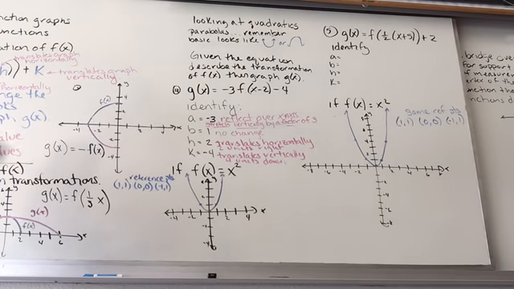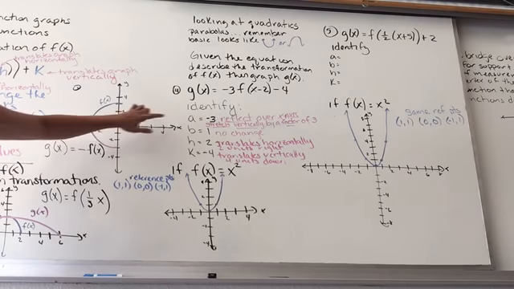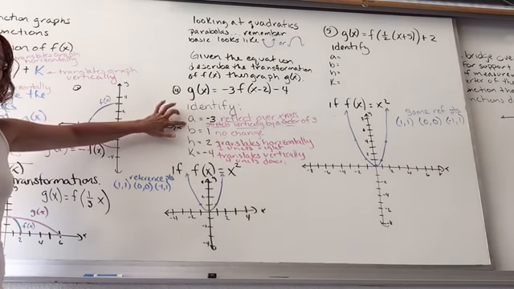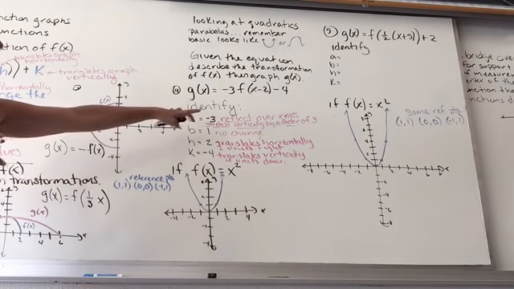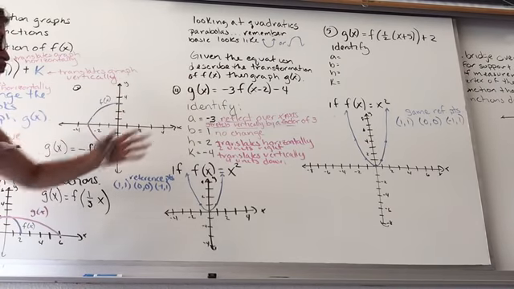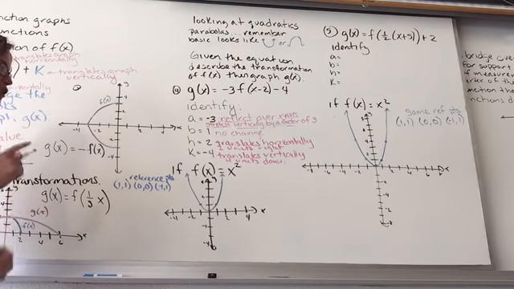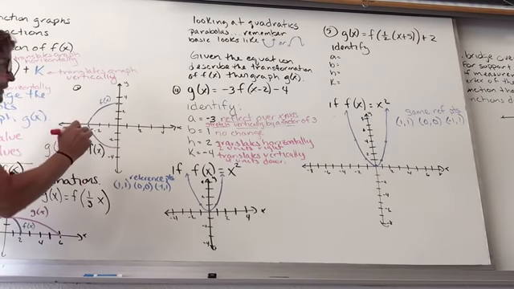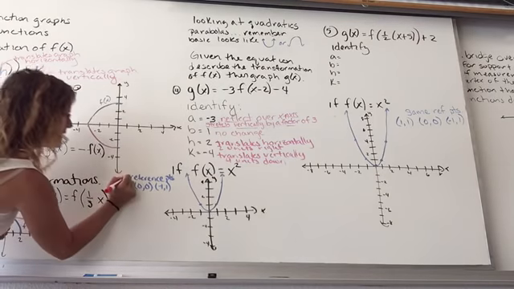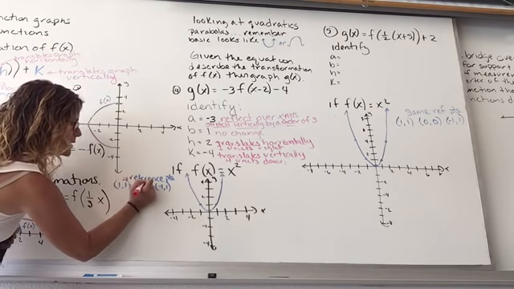So the way I like to do these, and I am a little unique with this, the book I believe shows you a little bit of a different way, is I like to look at what's happening. So a factor means to multiply, and this is changing the y value because it's a reflect over the x, it changes your y. So on each of our points, I am going to multiply the y value by negative 3.